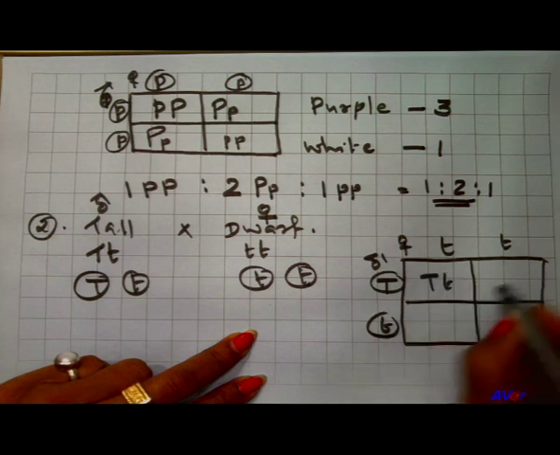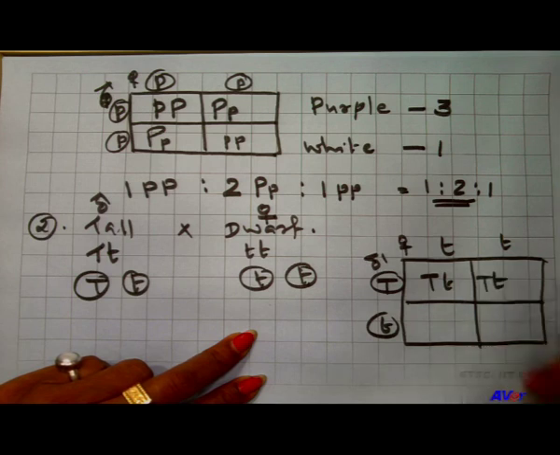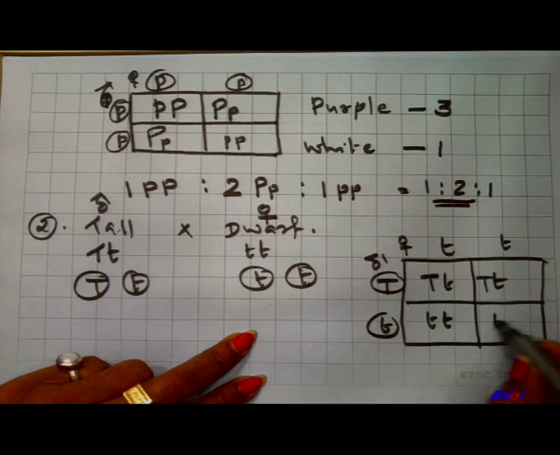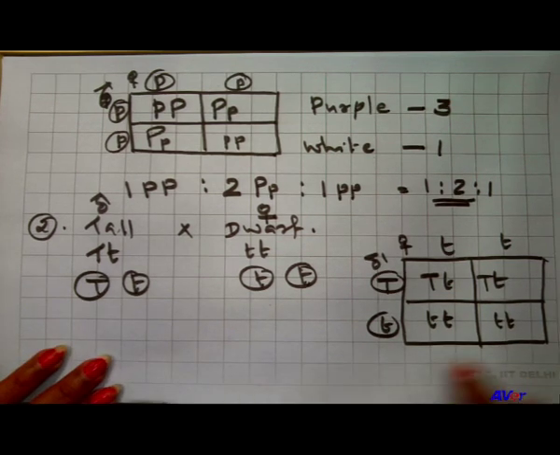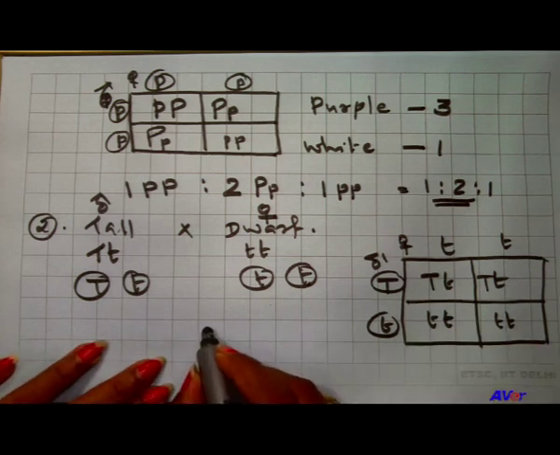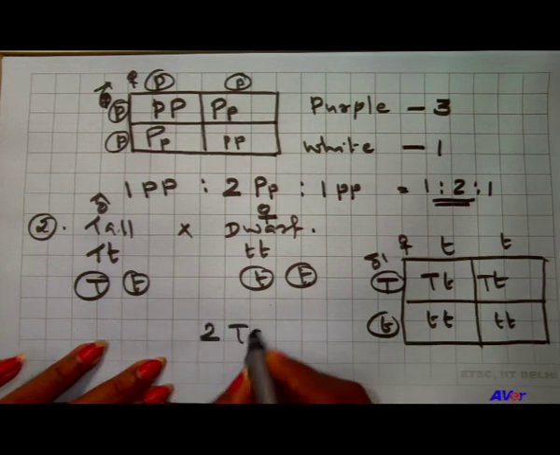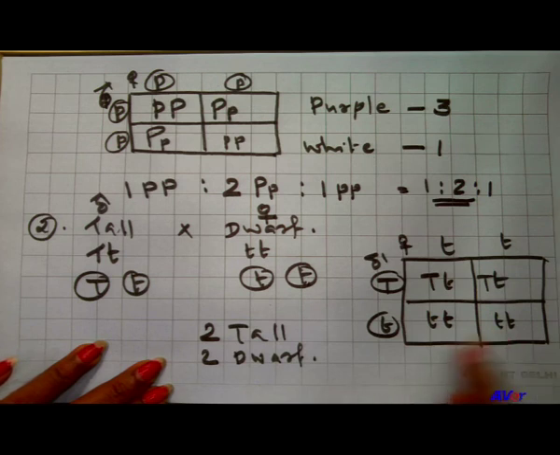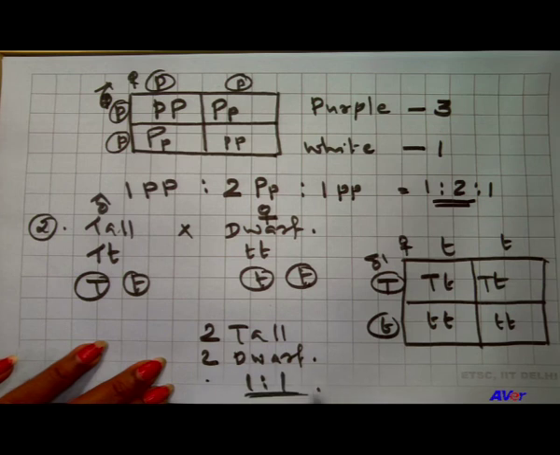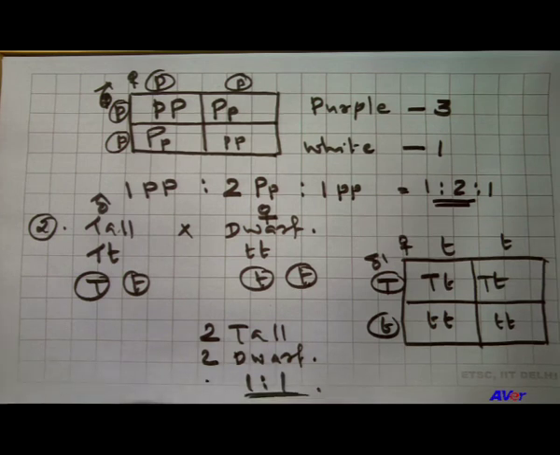So, capital T, small t, again capital T, small t, and these are small t, small t, this one also small t. Here comes the phenotype, 2 tall and 2 dwarf. So, again it is equal to 1:1 ratio. So, it is a test cross that is asked in the question.